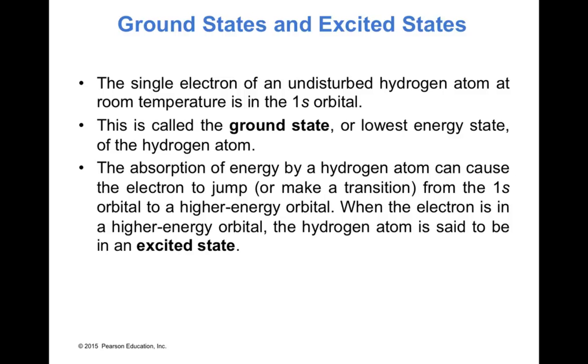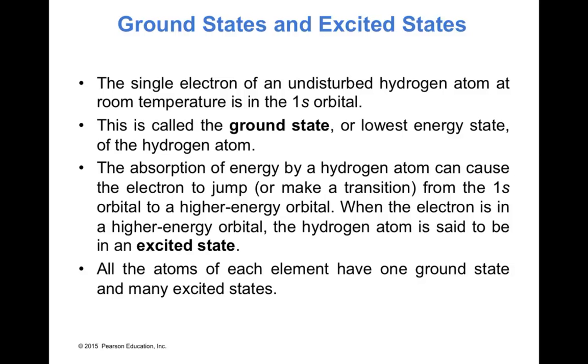The absorption of energy by a hydrogen atom can cause the electron to jump, or make a transition, from the 1s orbital to a higher energy orbital. When the electron is in a higher energy orbital, the hydrogen atom is said to be in an excited state. All the atoms of each element have one ground state and many excited states.